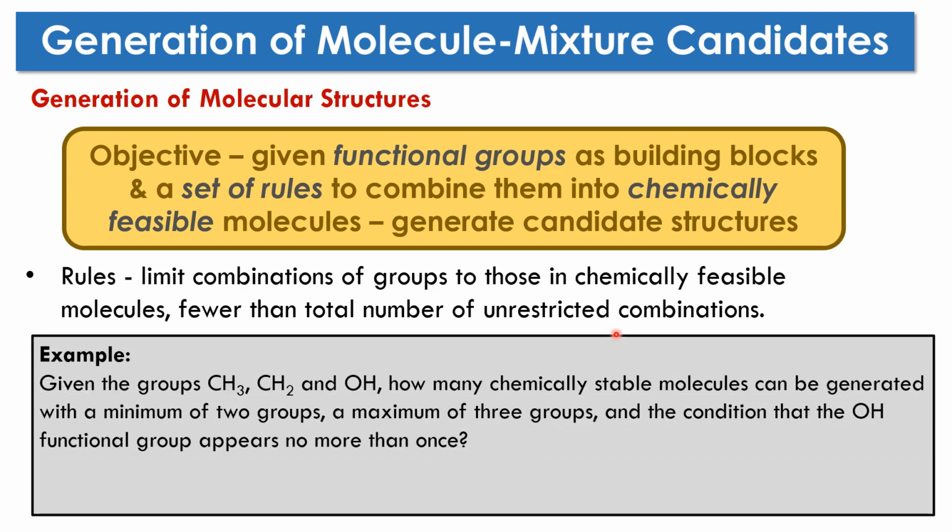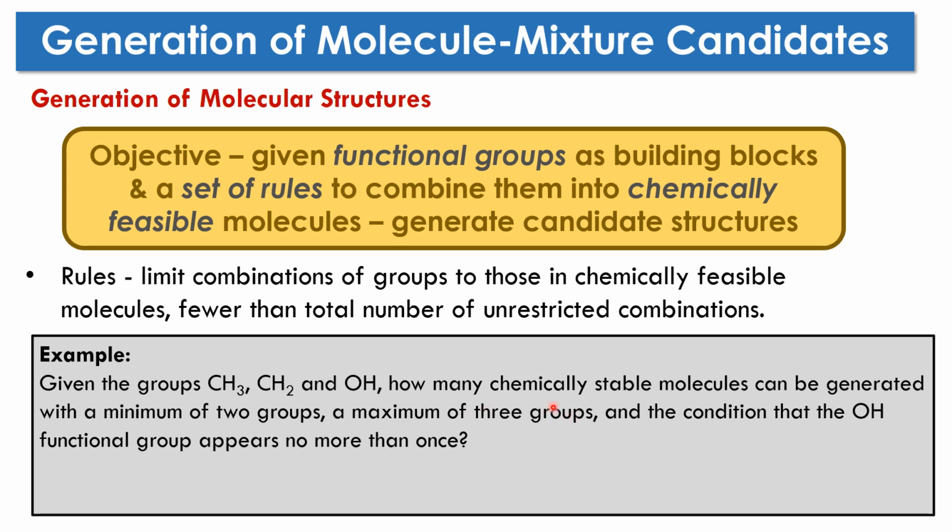Let's look at an example here. Given the groups CH3, CH2, and OH, so we have three functional groups or building blocks. How many chemically stable molecules can be generated with a minimum of two groups and a maximum of three groups?